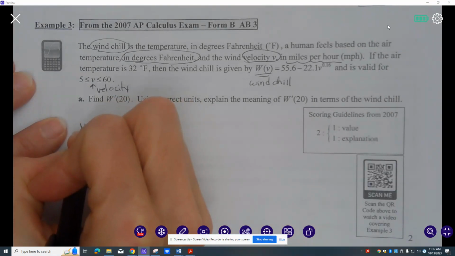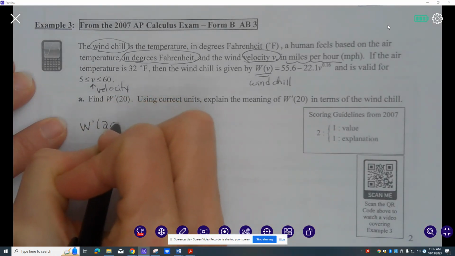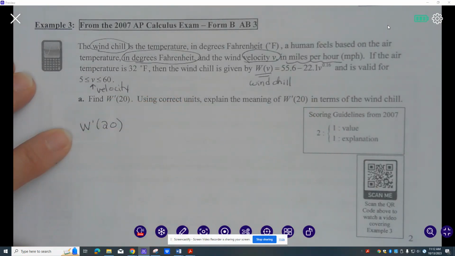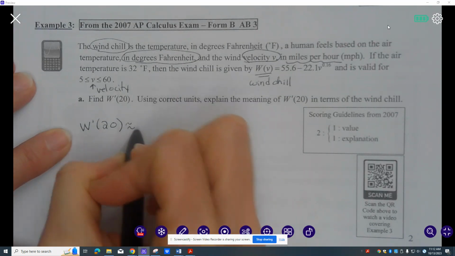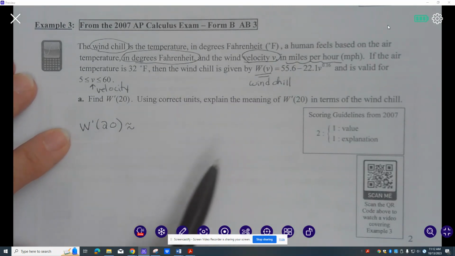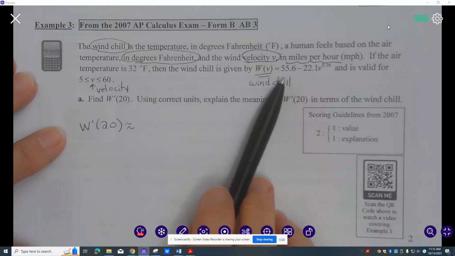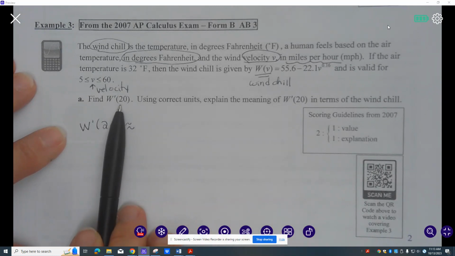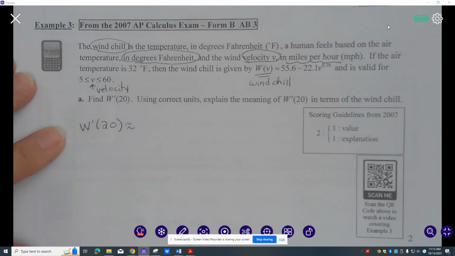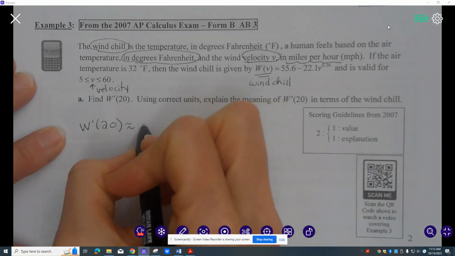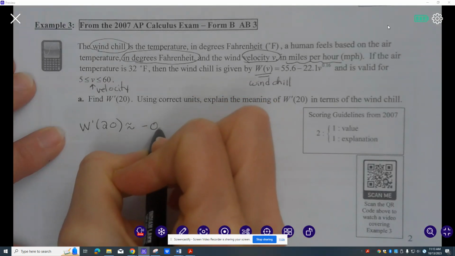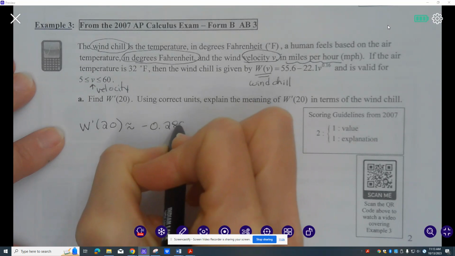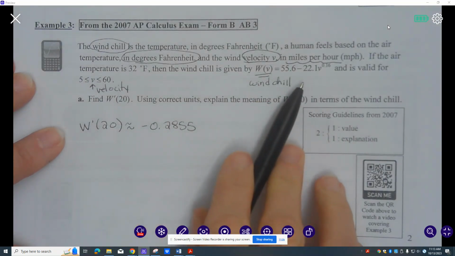So first point, not too bad. W prime of 20 is going to equal approximately. I'm going to say at this point, you should pause the video, put this in your calculator, and at x equals 20. So hopefully you pause the video, put that in your calculator, and you should have gotten negative 0.2855.